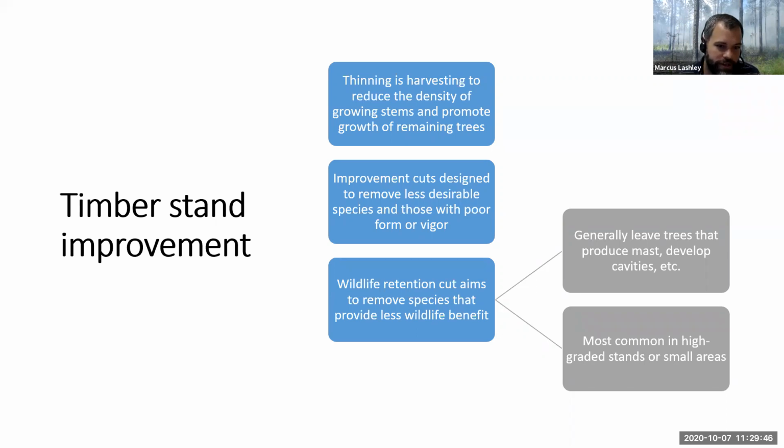A variation on this, I studied it actually during my master's work at the University of Tennessee. It's called a wildlife retention cut. And this was actually designed to be very similar to the shelterwood cut, where we're removing about half of the trees, but instead of trying to maximize space and have a uniform distribution of the overstory trees and only retaining the desirable tree to regenerate a forest, in the wildlife retention cut, we take a focus on wildlife.